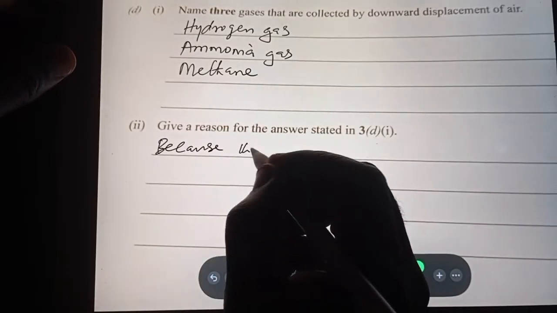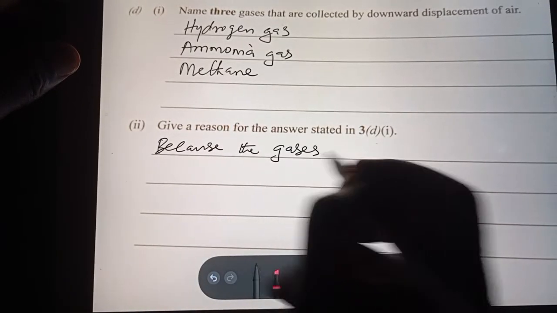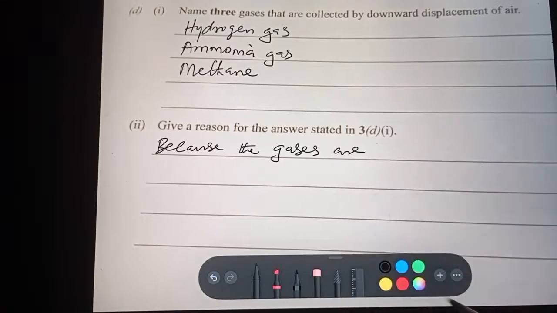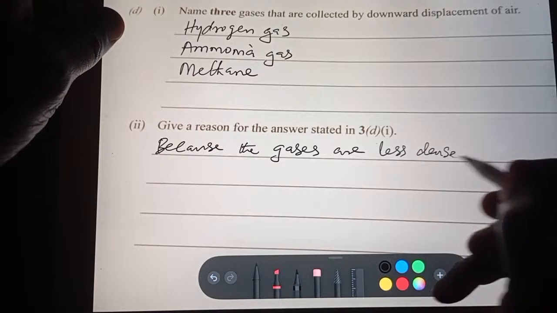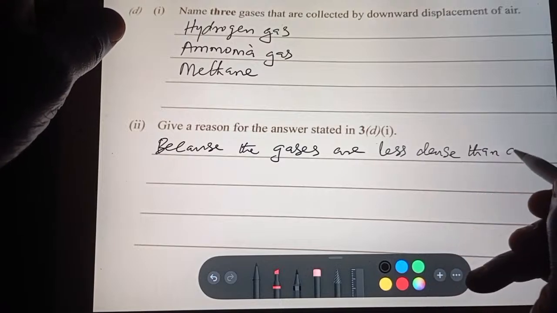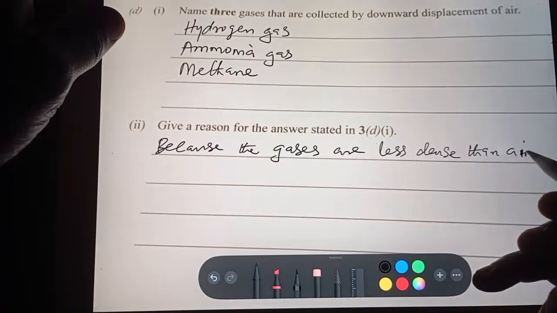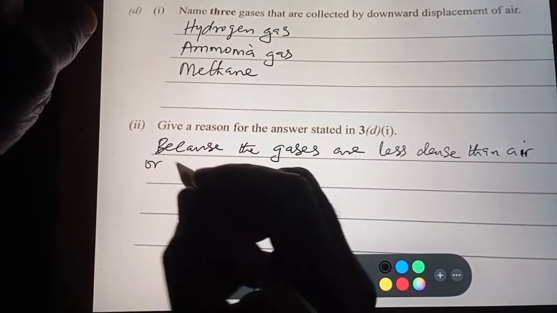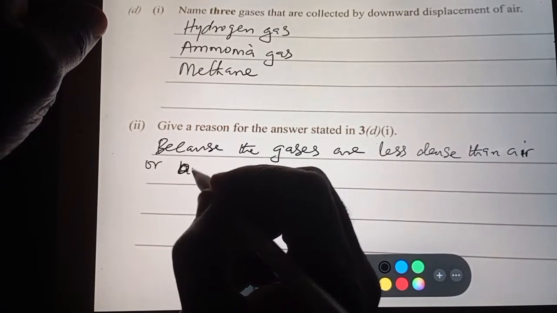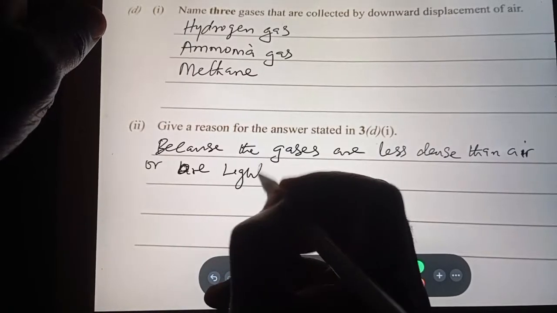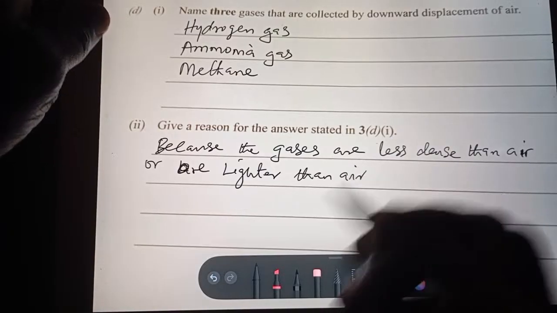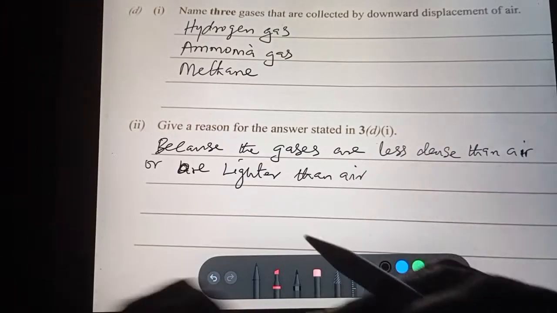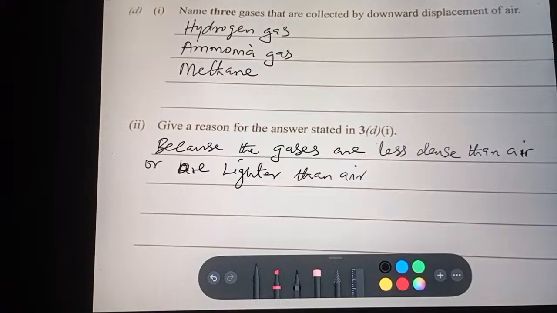Because the gases are less dense than air, or you say they are lighter than air. So the mechanism is you carry what is lighter than you, but what is heavier than you will carry you.